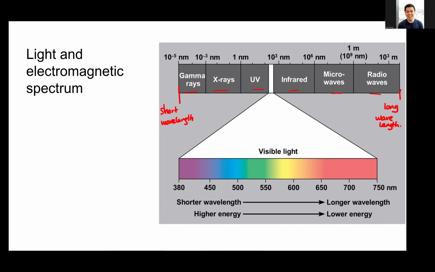Only one specific region of the wavelength range is the type of light that we can see, and that's called visible light. Visible light ranges from 380 nanometers to 750 nanometers. It is exactly the colors of the rainbow, from purple-violet all the way to orange-red. Purple-violet has very short wavelength but very high energy. Red and orange-red have very long wavelength but lower energy.